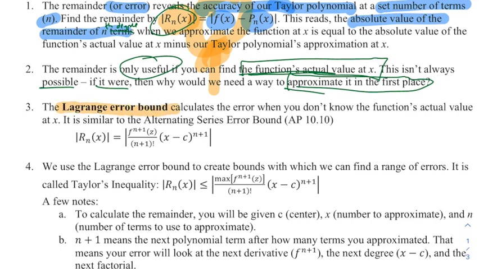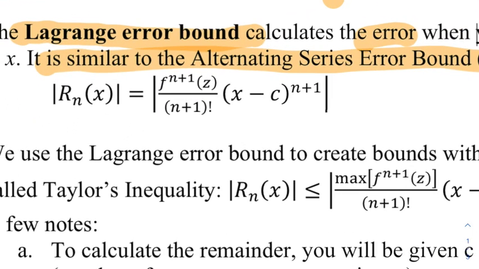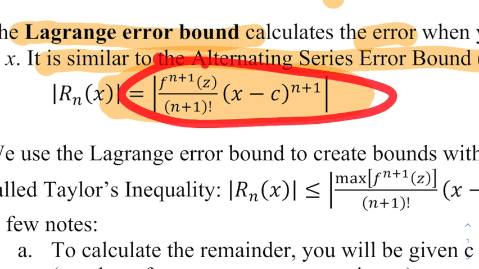So the Lagrange error bound, and that's a term you'll see on the test, calculates the error when you don't know the function's actual value. It's very similar to the alternating series error bound. There's a lot going on here, but really just get the gist of it. This highlighted orange circled part is just a general term for a Taylor polynomial.